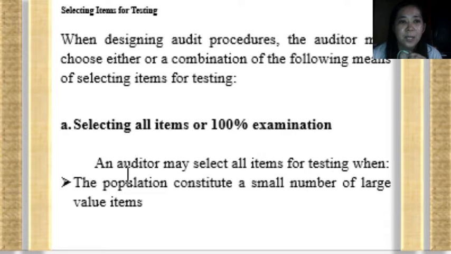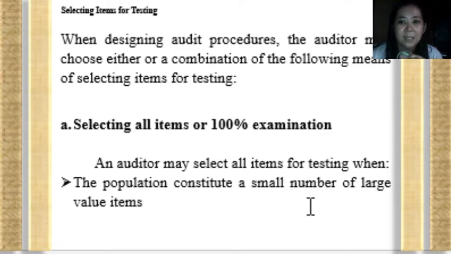Here, the auditor may select all items for testing when the following instances are present. First, the population or the total items constitute a small number, although their value is large.